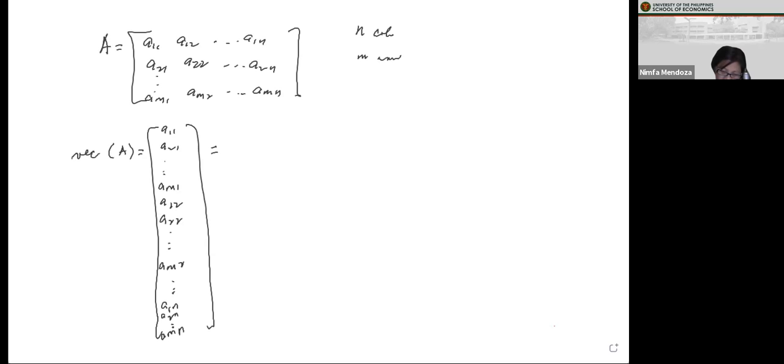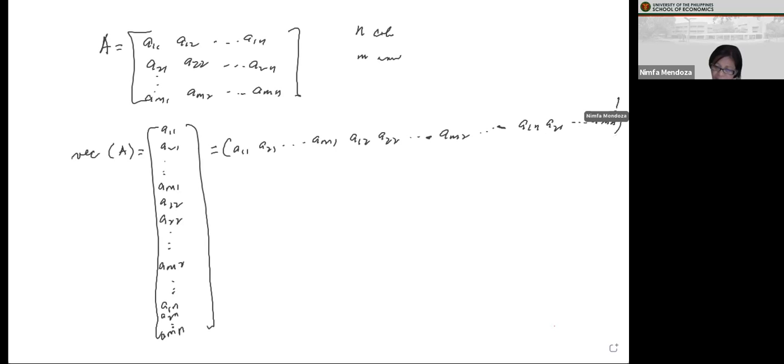So that is A11, A21, down to AM1, that's the first column; A12, A22, down to AM2; down to the last column, A1N, A2N, down to AMN.